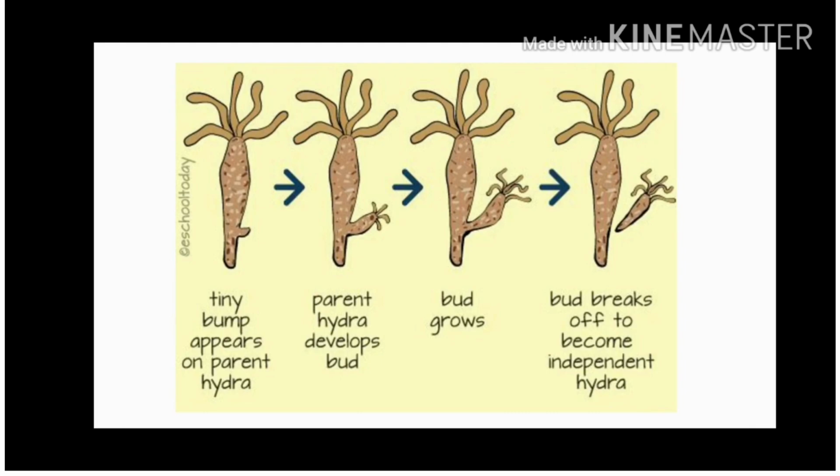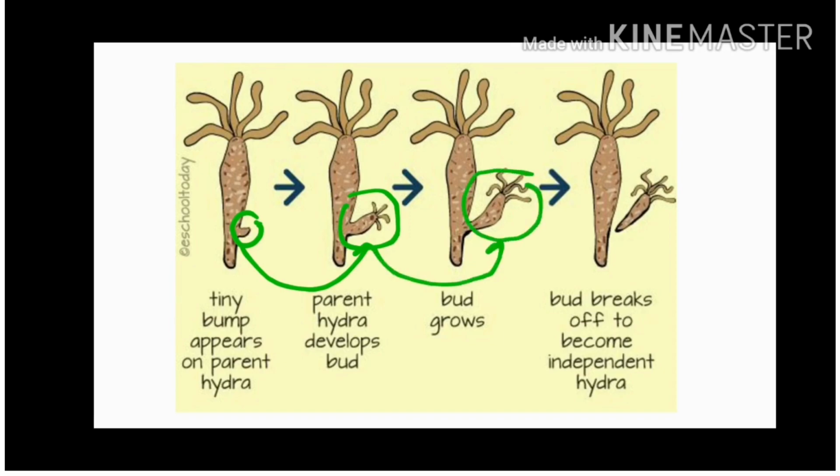In this hydra, we can see a small outgrowth from the parent hydra. The tiny bump appears on the parent hydra. Next, what happens? This outgrowth develops as a bud, and it grows and attains maturity.